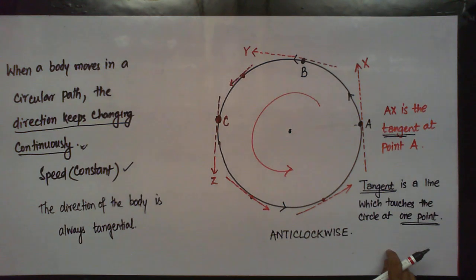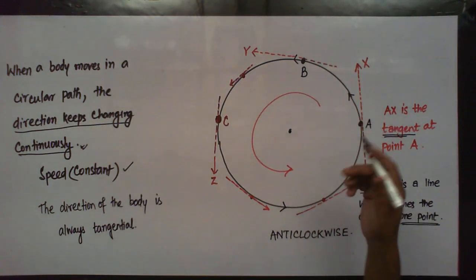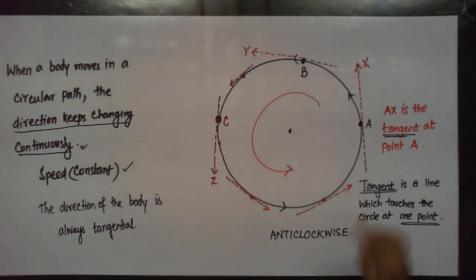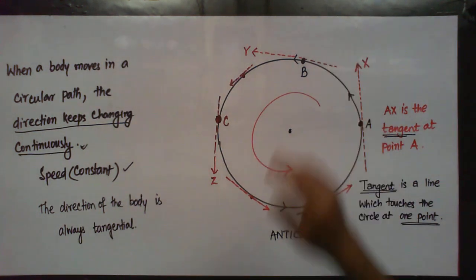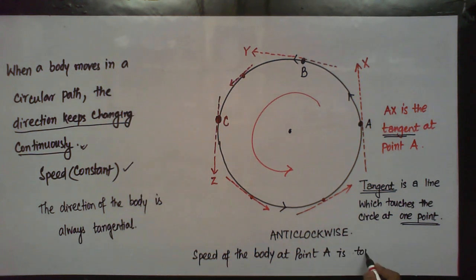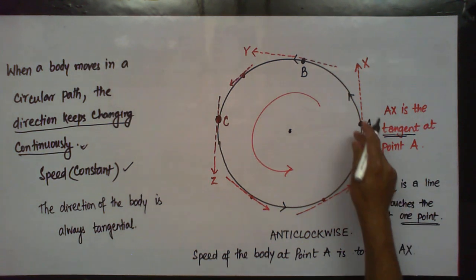Now if we want to simplify it, we can say the speed of the body at point A is towards AX, because the motion is this side.